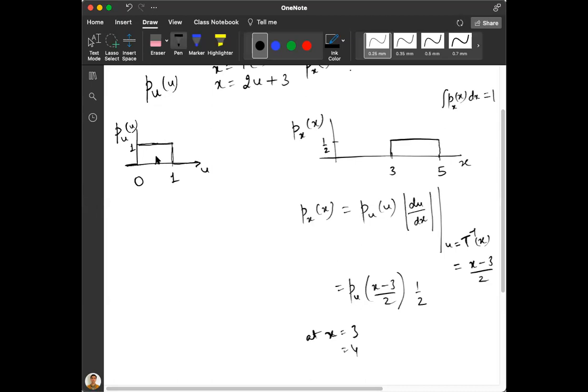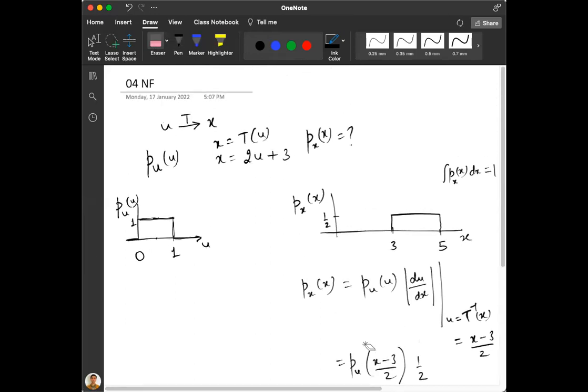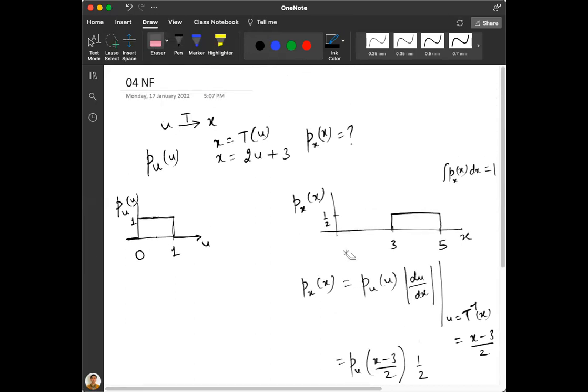What is p_u of 1 upon 2? It is 1. So 1 into 1 upon 2 is 1 upon 2. So this formula works. Now you are familiar with transformations of random variables in one dimension, because both your u and x are one dimensional.